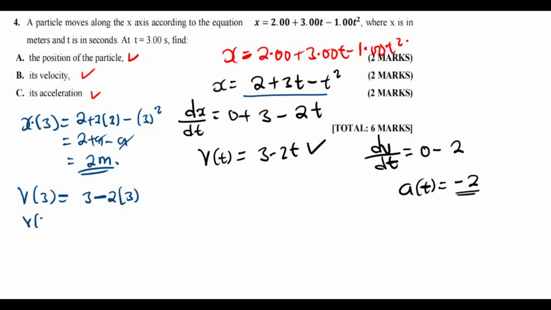So v as a function of 3 is 3 minus 6, which is negative 3 meters per second. Any question? Okay. So what is the answer for the last one?